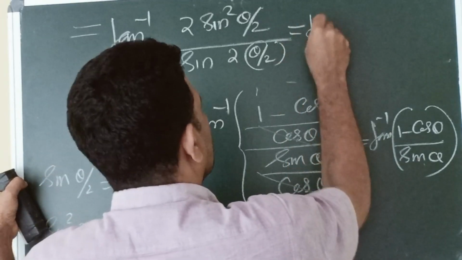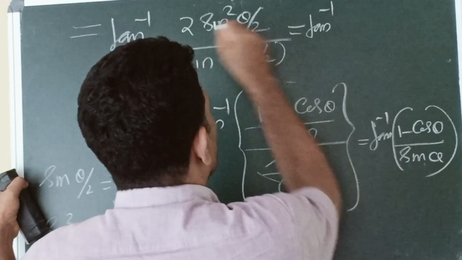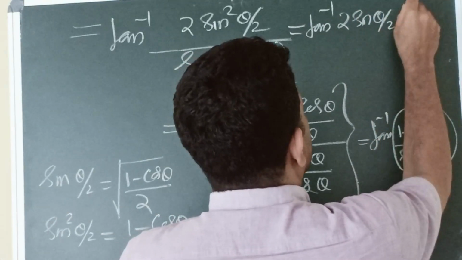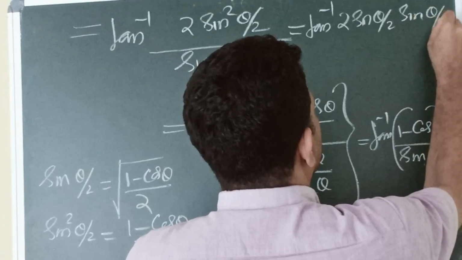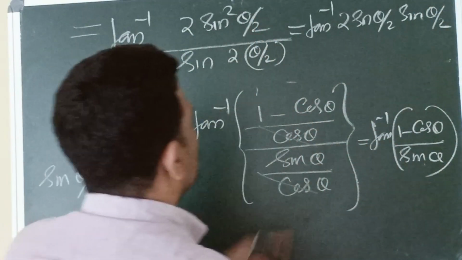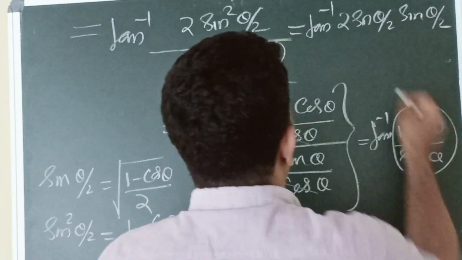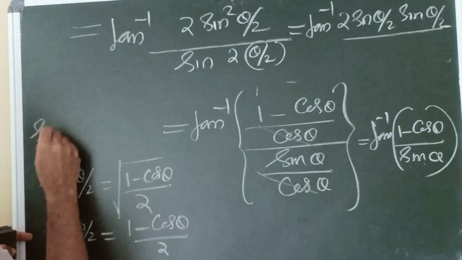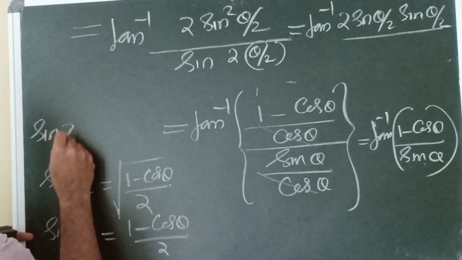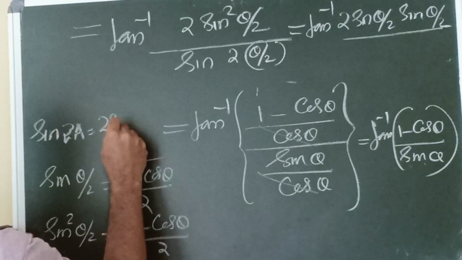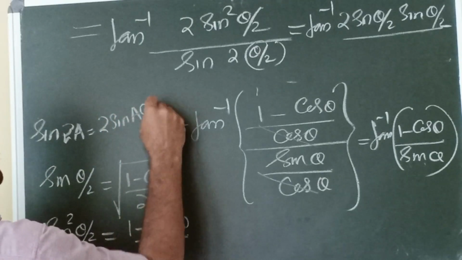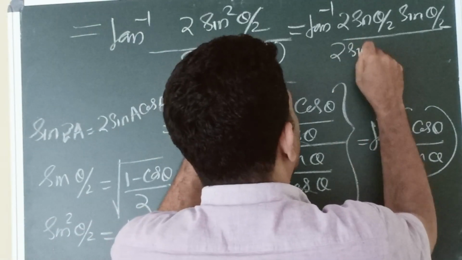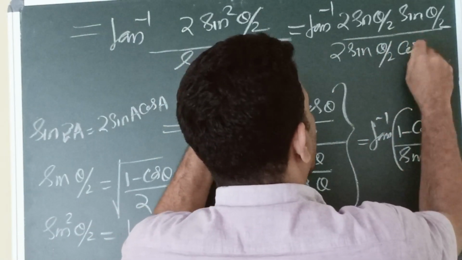That is tan inverse 2 sin theta by 2 into sin theta by 2, because sin square theta by 2 we can write as sin theta by 2 into sin theta by 2, divided by, we know that sin 2a is equal to 2 sin a cos a. Applying here, we can write it as 2 sin theta by 2 then cos theta by 2.